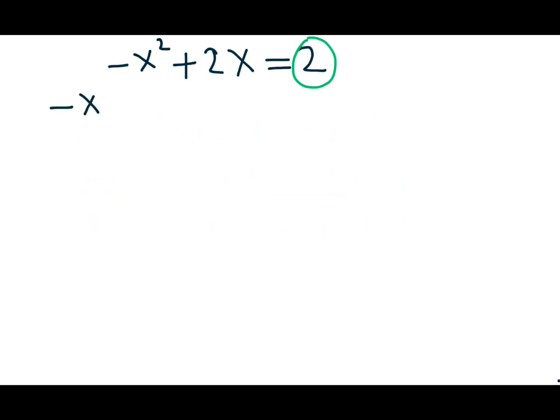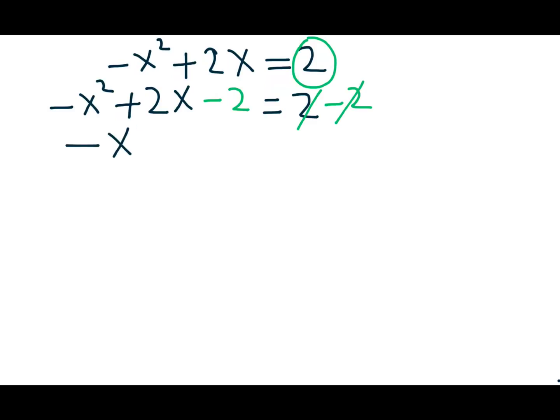So minus x squared plus 2x minus 2 equals 2 minus 2, which cancels out. Minus x squared plus 2x minus 2 equals 0. So now this equation is in standard form.